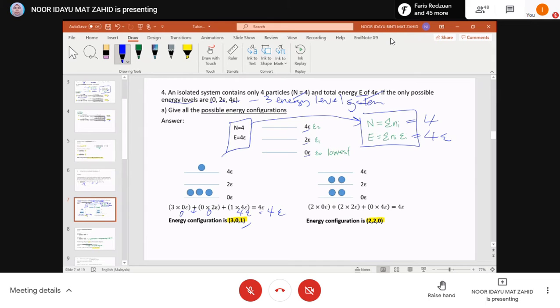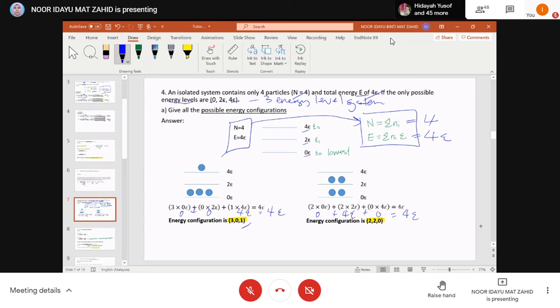Next, try to put 2 particles at the lowest energy level, 2 multiplied by 0 is 0, and then put another 2 at the 2 epsilon energy level. This will be 4 epsilon, and 0 particles at the 4 epsilon energy level. Again, you obtain 4 epsilon.